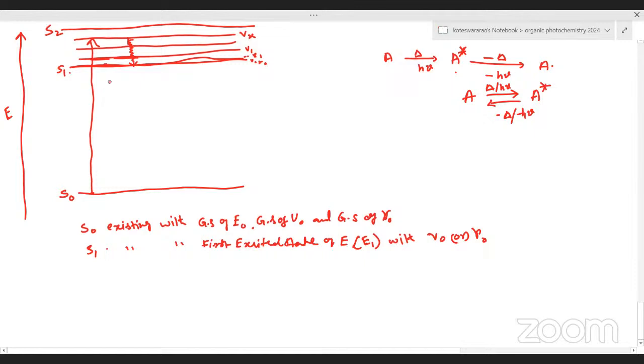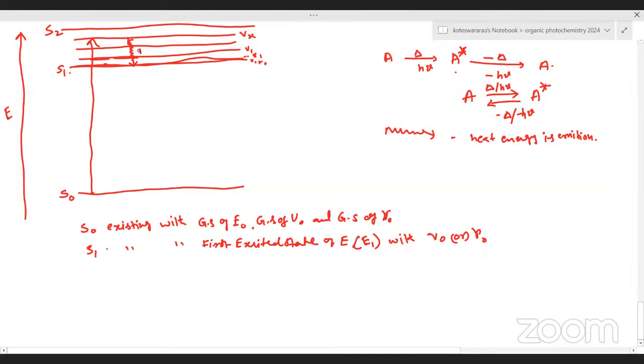The wavy arrow indicates liberation of heat. Heat energy is emitted.